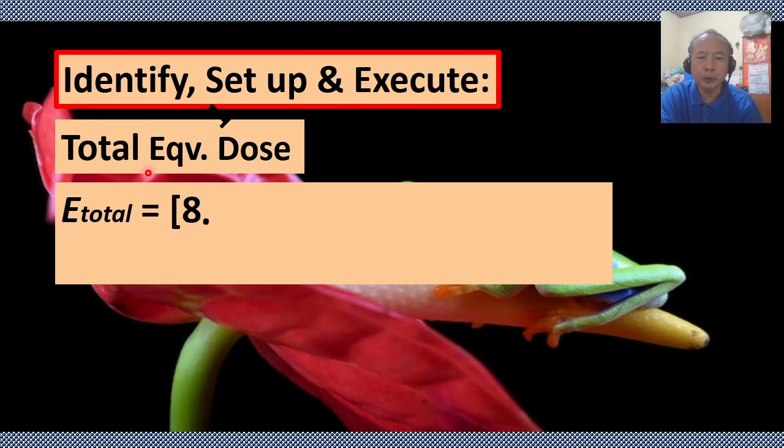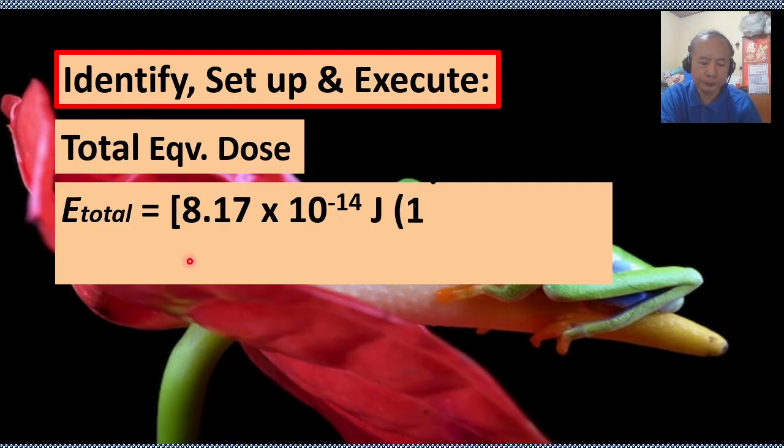So we can now compute the total equivalent dose.